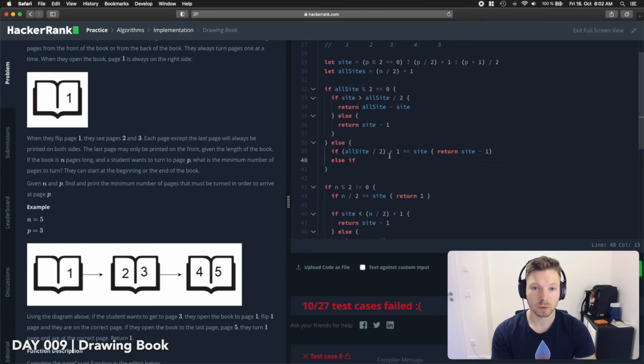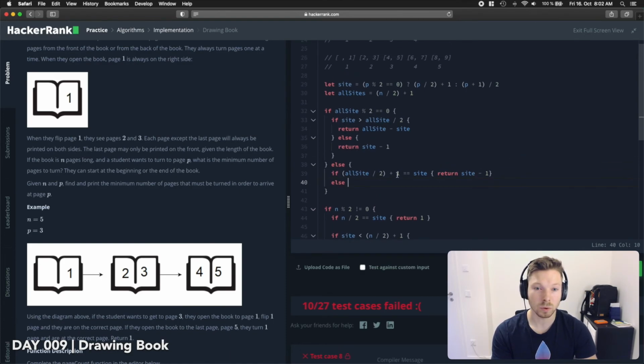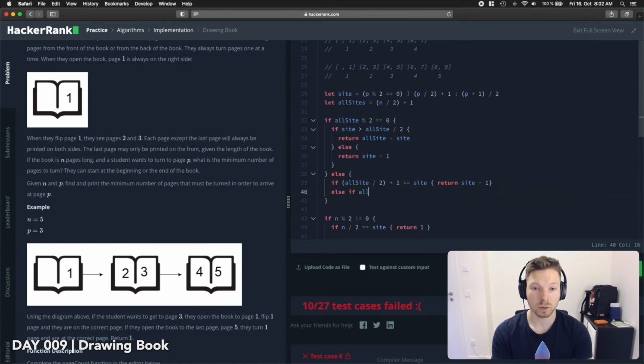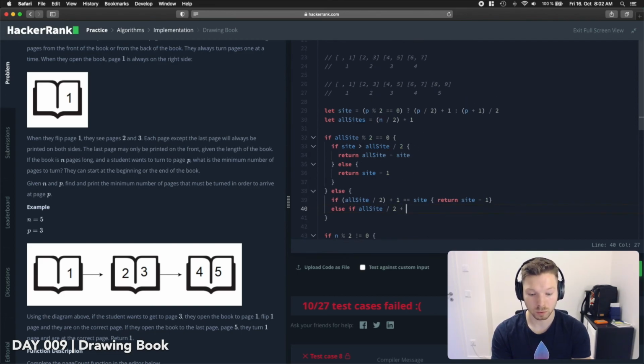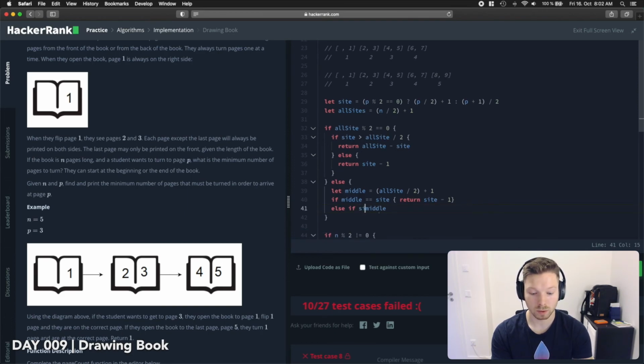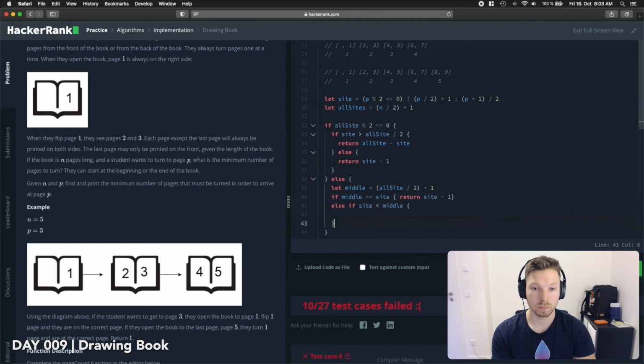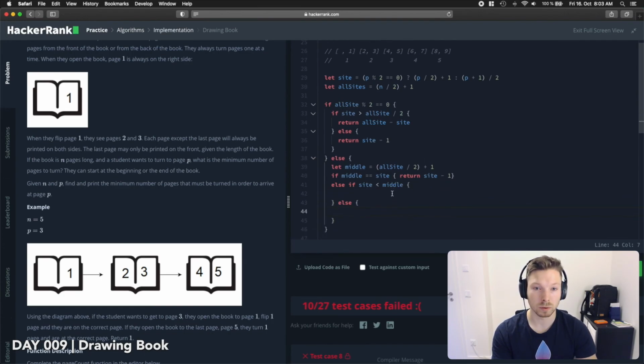Else, all side divided by 2 plus 1, I say it's still plus 1. We could say middle. So we don't have to rewrite the same expression. If the side is smaller than middle, else it's bigger than the middle.